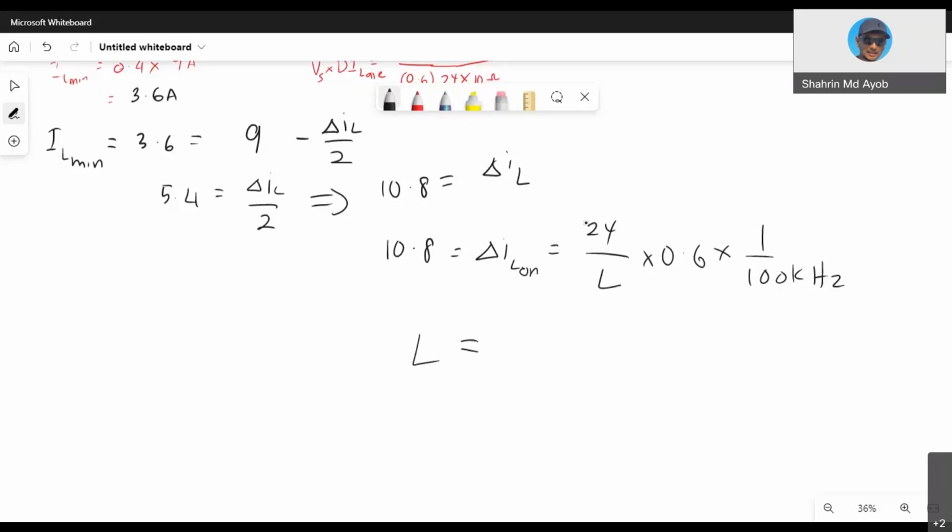Okay. 24 bagi 10.8 kali 0.6. Berapa? 13.33. 13.3 microhenry. Okay.